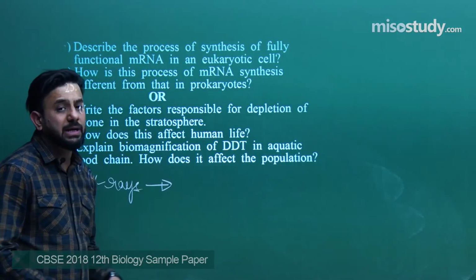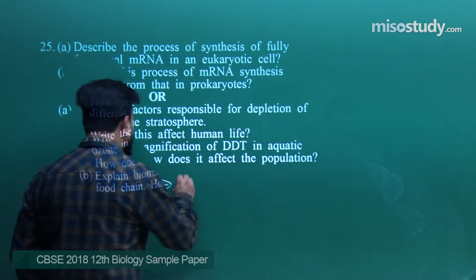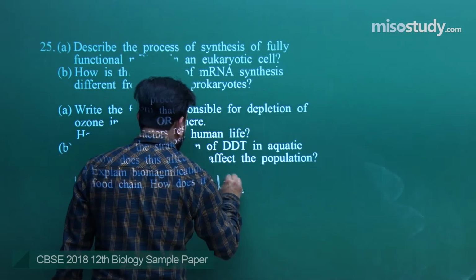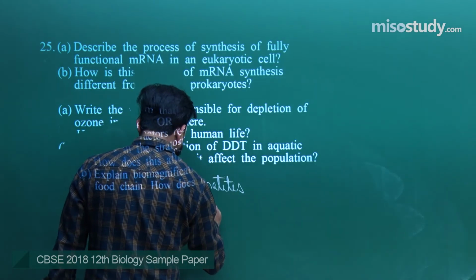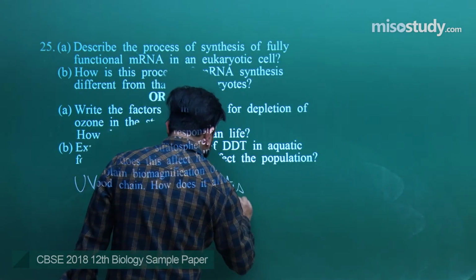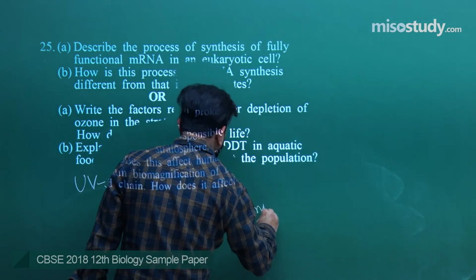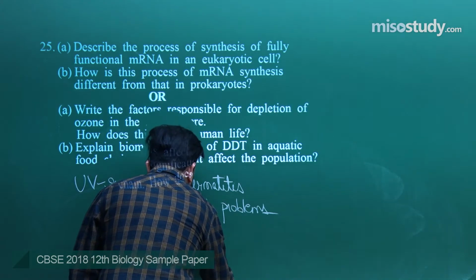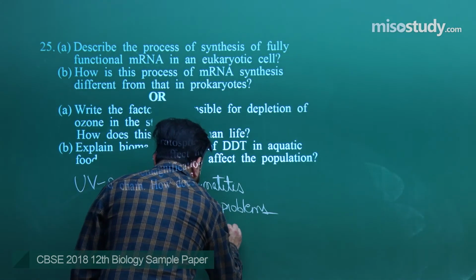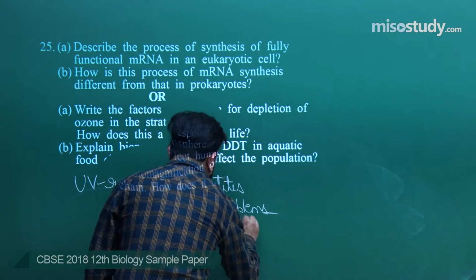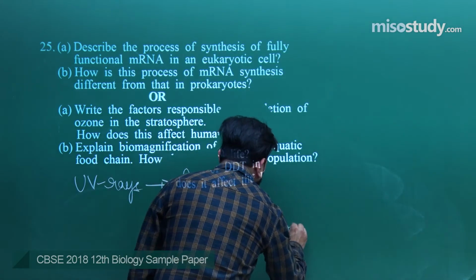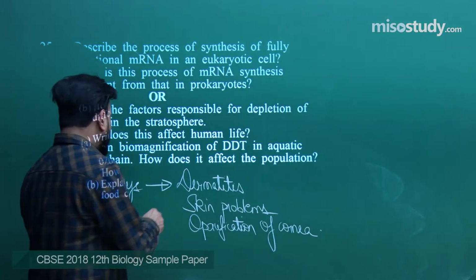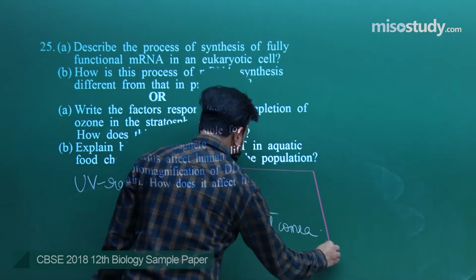How does this affect human life? These UV rays can lead to dermatitis, the skin problems, opacification of the cornea, and other health related hazards.